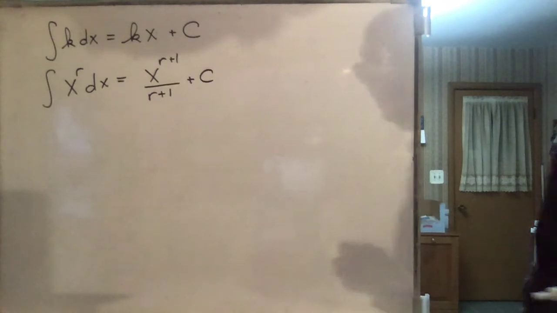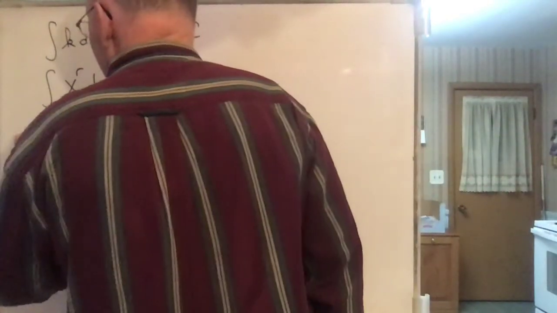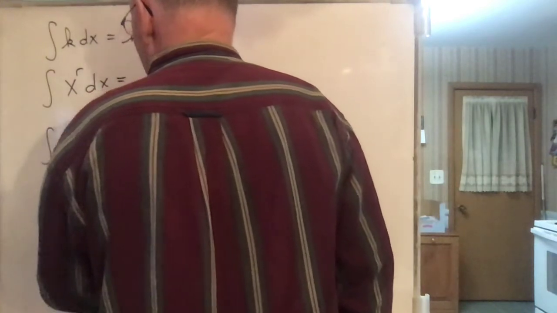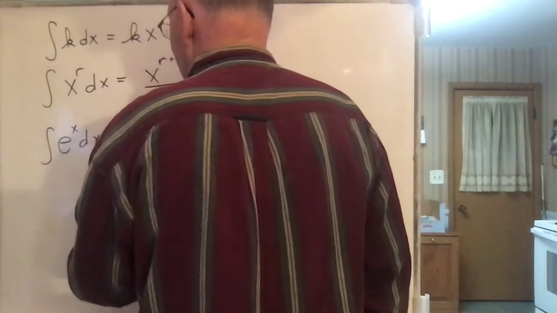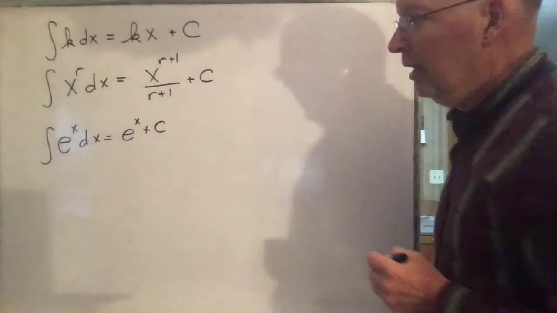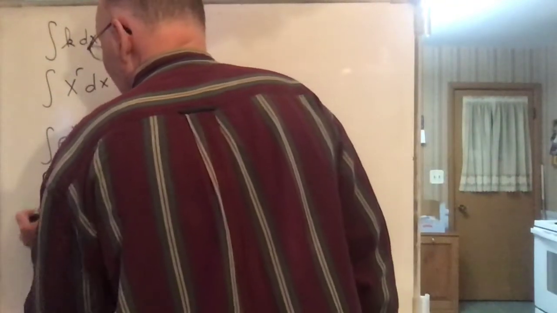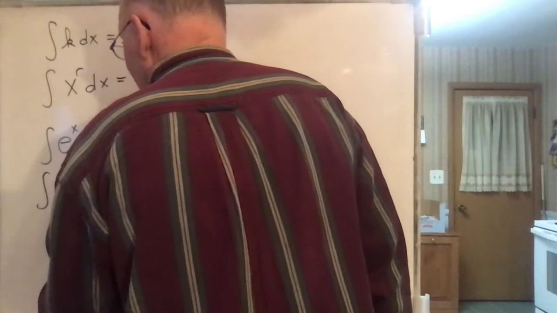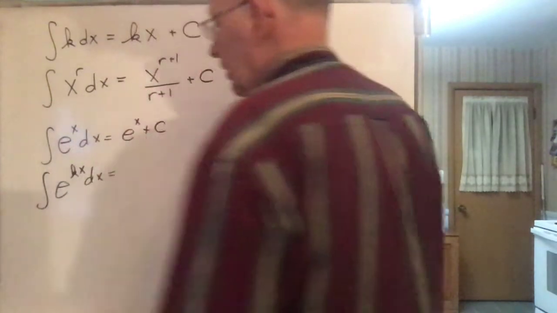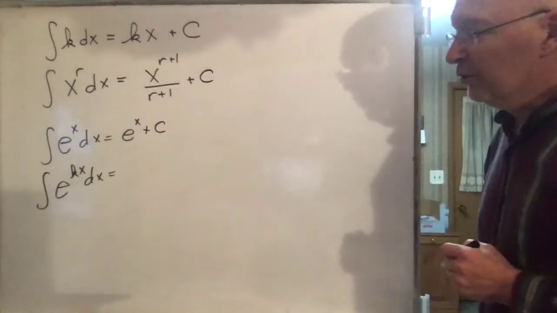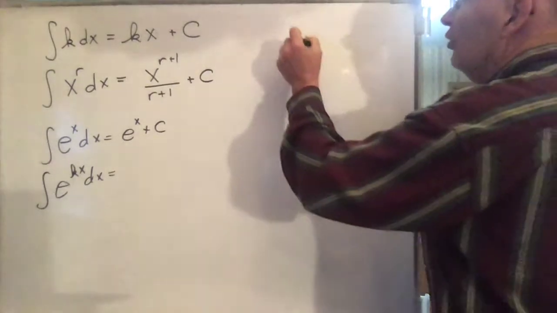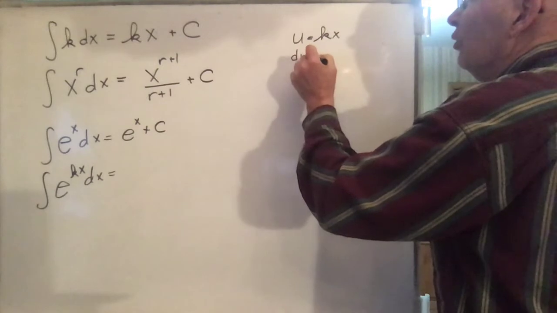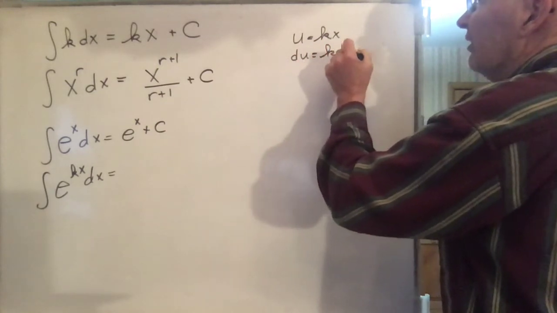Okay? What's the antiderivative of e to the x? Okay, that's easy. That's e to the x. Agreed? What's the antiderivative of e to the, let's say, kx dx? Okay, we could do this one by substitution. We could let u equal kx, and then du is equal to k dx.